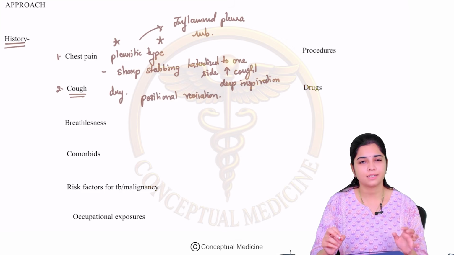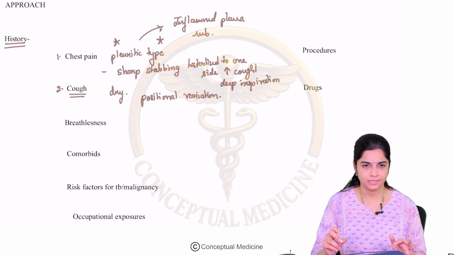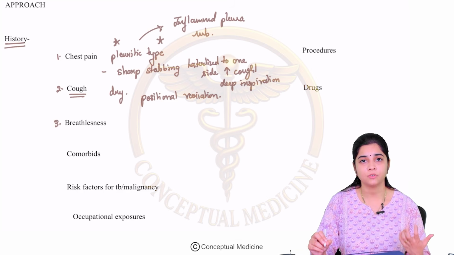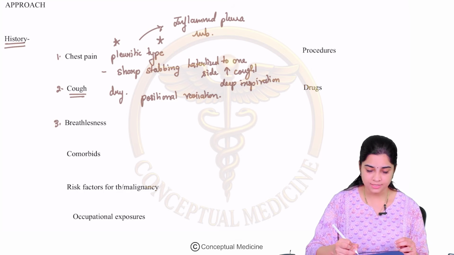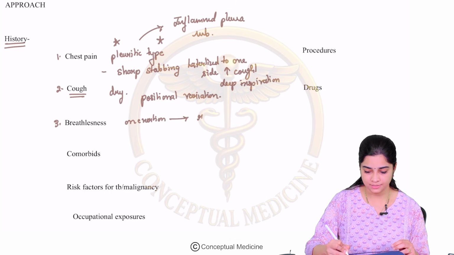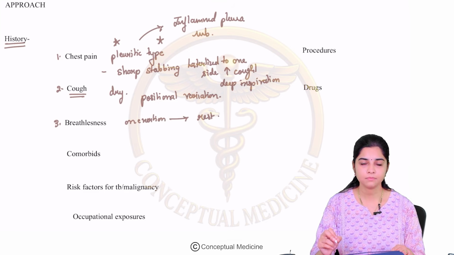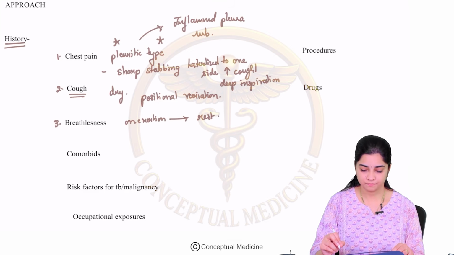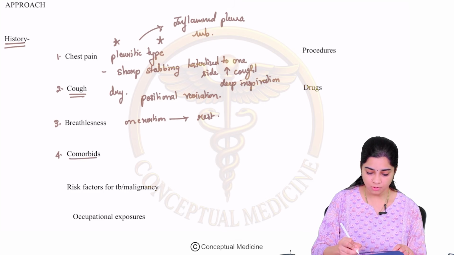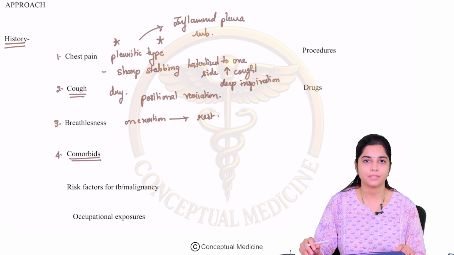Third, as the pleural effusion accumulates, they can have breathlessness. They can have breathlessness on exertion, and if the pleural effusion is massive, it can be present at rest as well.